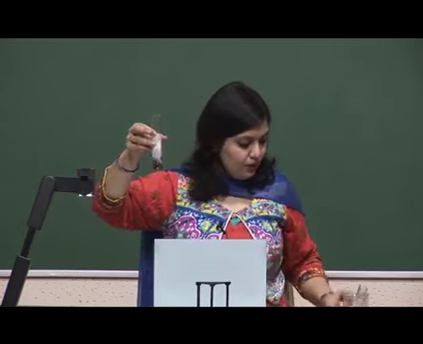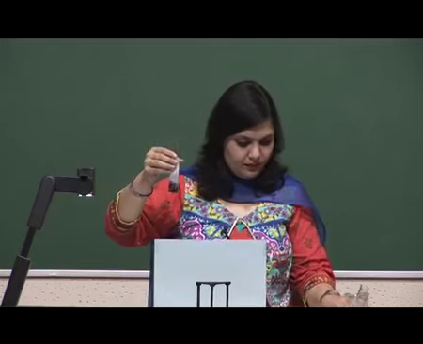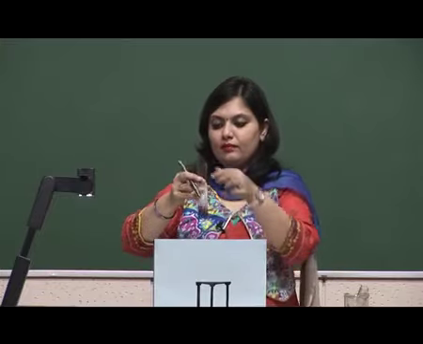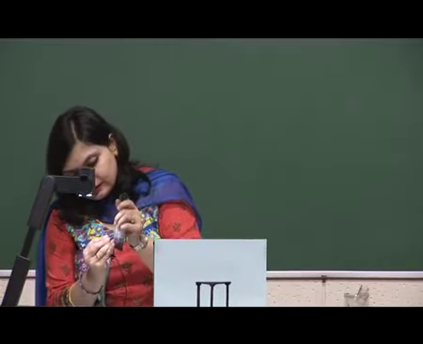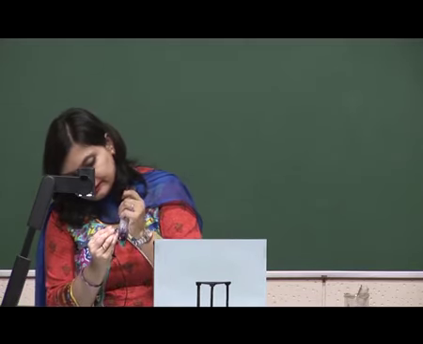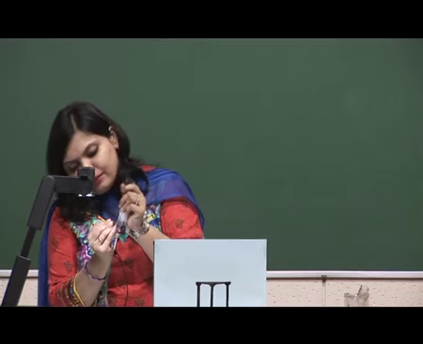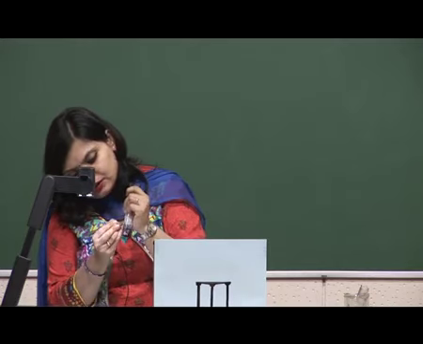Now, we will also mark its level. So, I am marking the level of the sugar solution here with this green pen. This is important because we need to remember what the initial level of the sugar solution was.